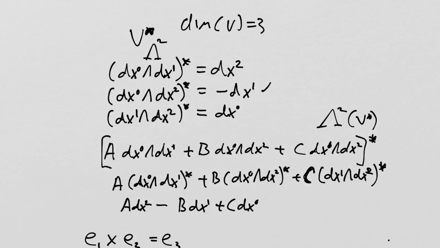And say the operation is form the wedge product, take the Hodge dual, and you'll get another covector. So in a sense, it's an operation that looks like that. That is a binary operation that takes two dual vectors and returns a dual vector.